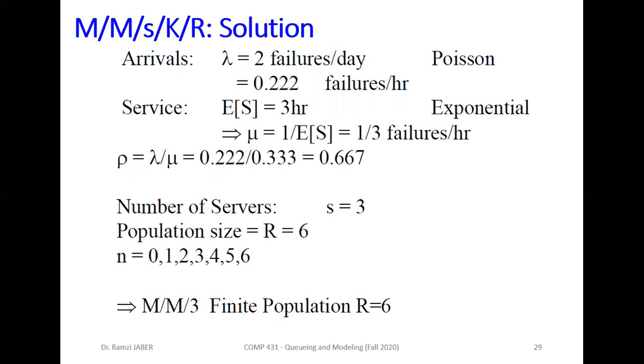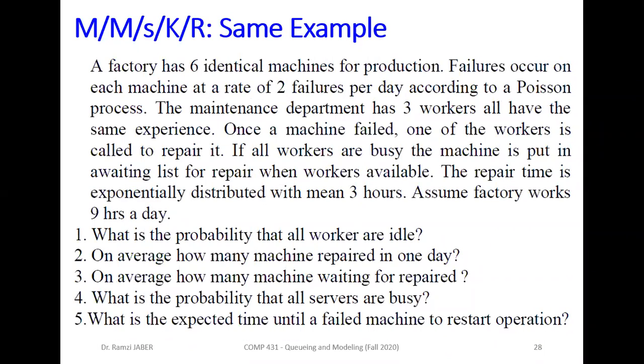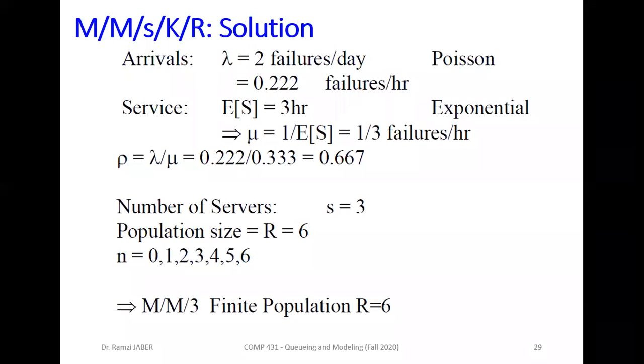So this model will be M/M/3/6. Here, we don't mention the K. So assume in this model that R is less than K. The limitation will be on R. Because the given information doesn't talk about the K buffer, we'll add this condition: assume that R is less than K. So for us, K is infinity now.